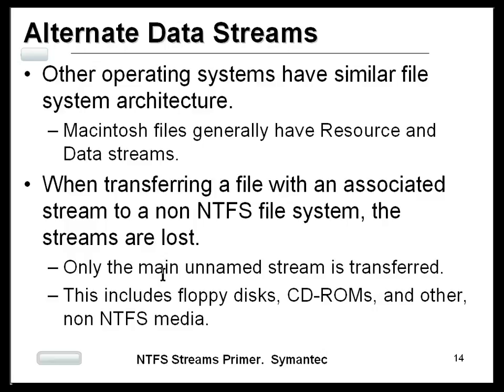That is because thumbs.db actually has an alternate data stream associated with it. So when you copy that, it's saying that information is going to be lost, because a FAT32 system doesn't know anything about alternate data streams. All it knows about is the actual contents of the file.